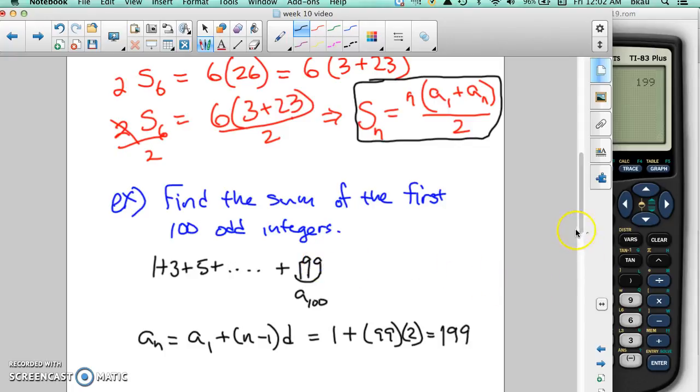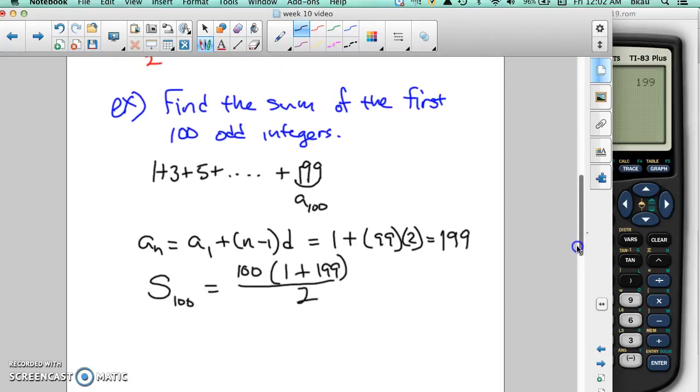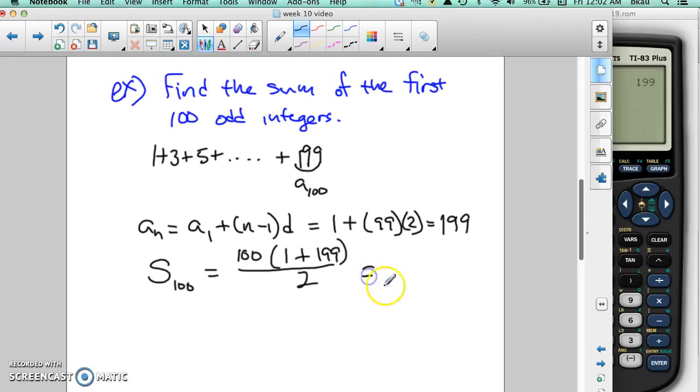Once we find that final term, we can use this sum formula. The sum of the first 100 terms is n, which is 100, times the first term plus the last term, divided by 2. We're just using the formula up here to find the sum of all of those numbers.